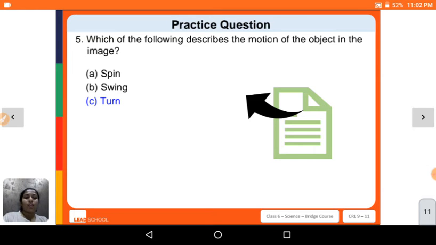You have to write 2 examples of roll, 2 examples of sliding motion, 2 examples of bouncing, 2 examples of spinning, 2 examples of swing and 2 examples of turn. Write this also in your notebook and give it to me as homework: 10 answers of these practice questions and a table. Okay, now let's start a new topic.